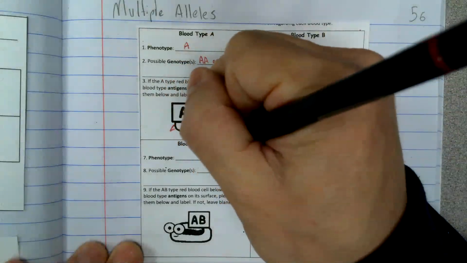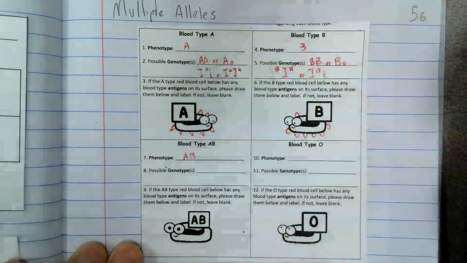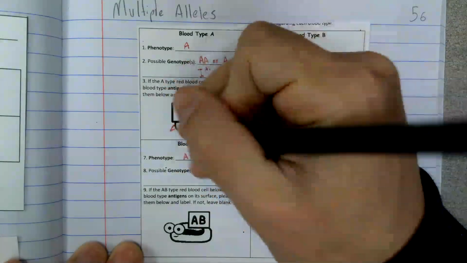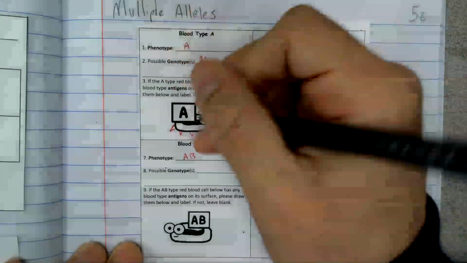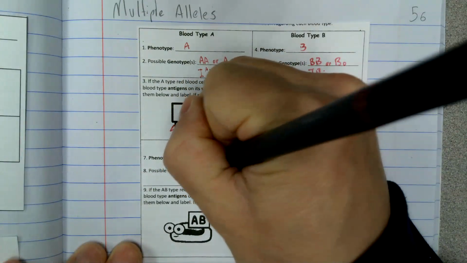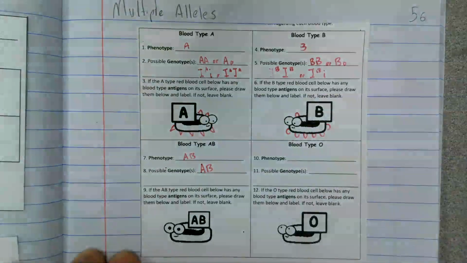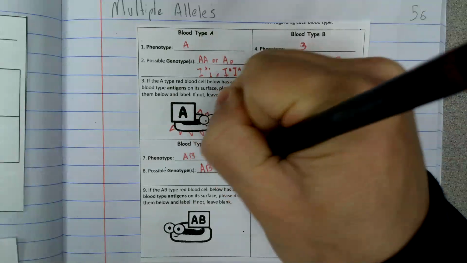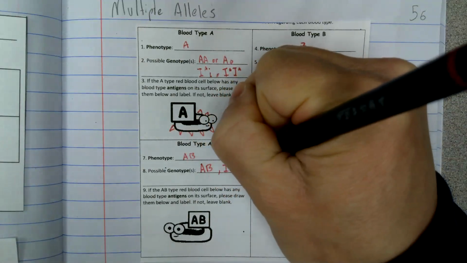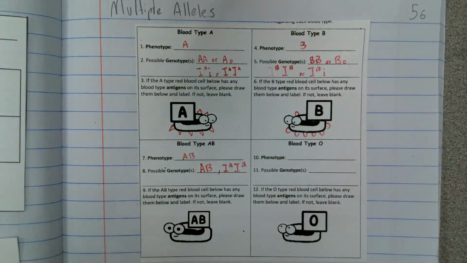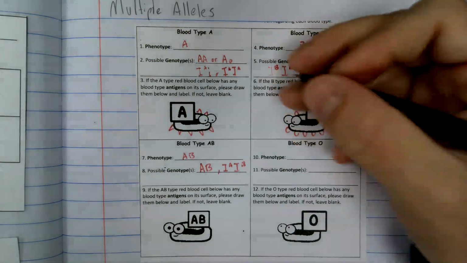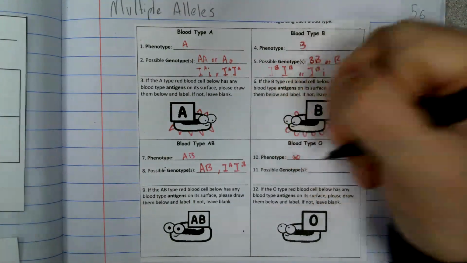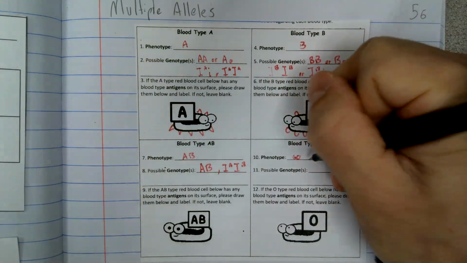As you can imagine, type AB phenotype is type AB. Possible genotypes? Well, we only have 1 for this one, having an A and a B allele. Now, the I version of that, 2 capitals with the A and the B exponents. Type O is recessive. So we have 2 O alleles. I like to keep them lowercase.